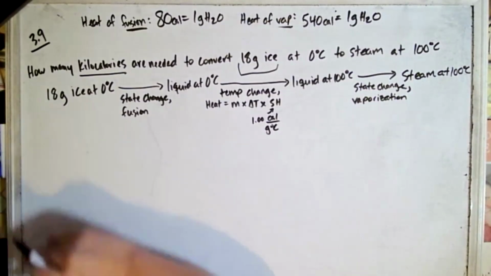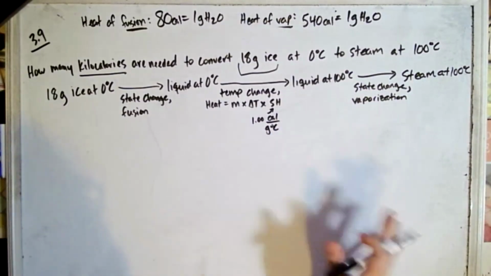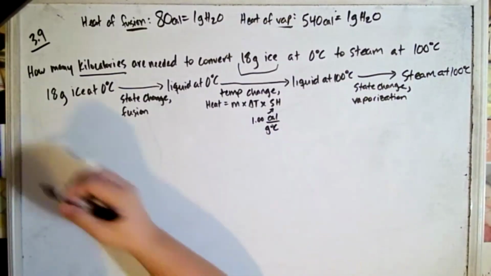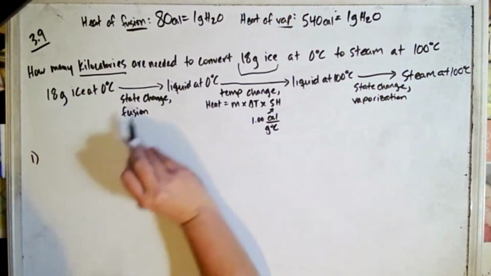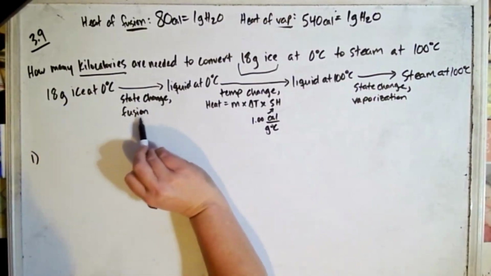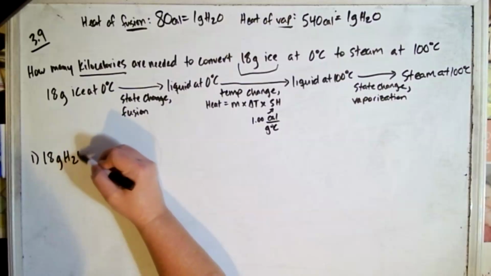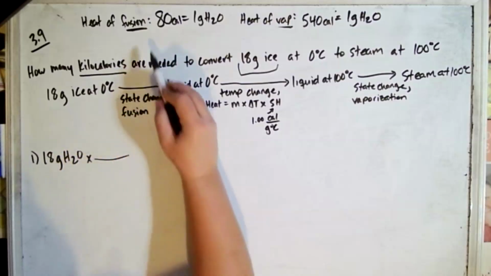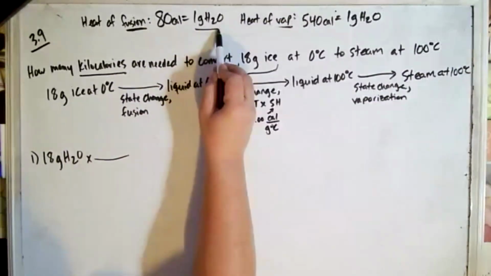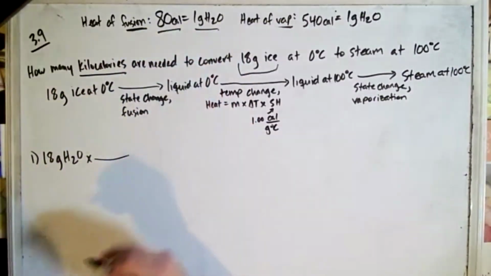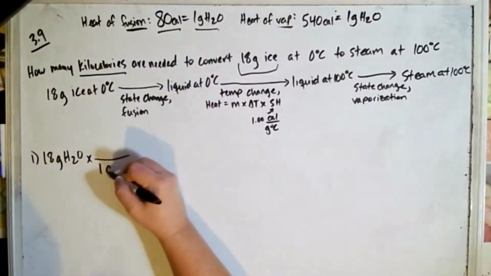Right? So now that we have that all planned out, we can just do our 3 steps. First, we'll do our fusion state change. We have our 18 grams of H2O, and we see that every 1 gram of H2O is going to require 80 calories of heat.